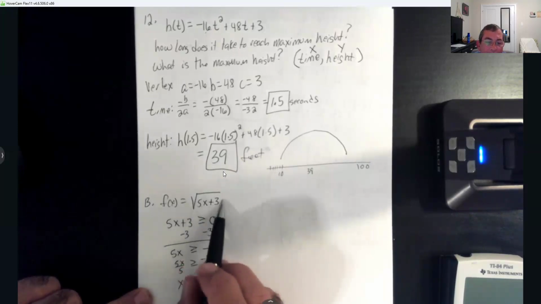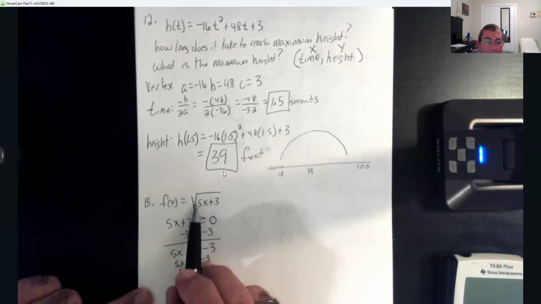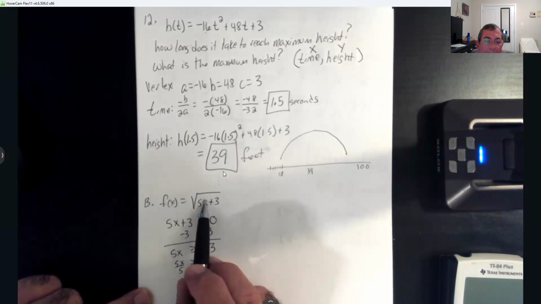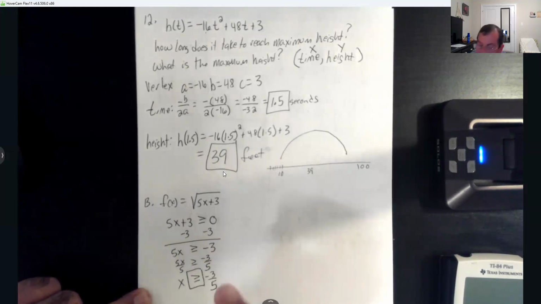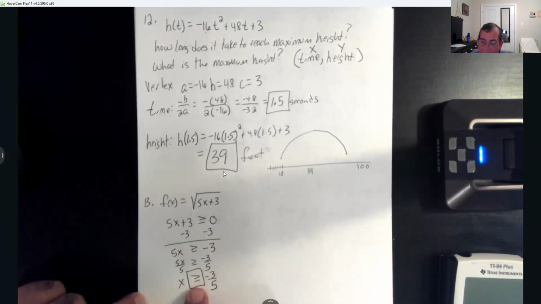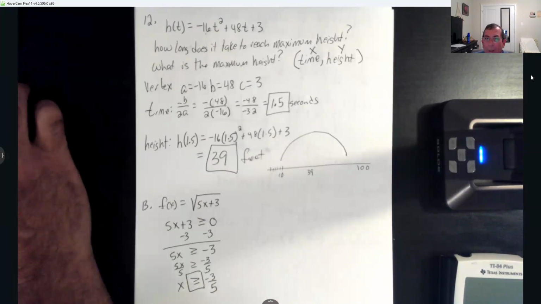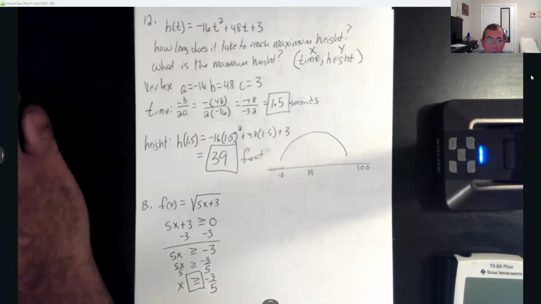Now, every one of these I've seen, these 5x's, 4x's, whatever, if your x is positive, your inequality is going to end up just like mine. So focus on this, greater than or equals, and look at these answers.